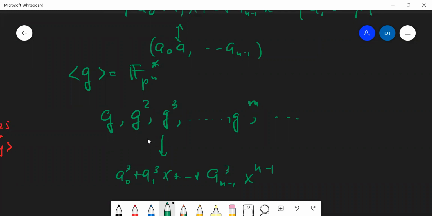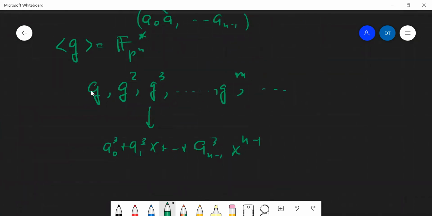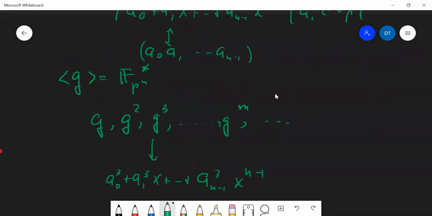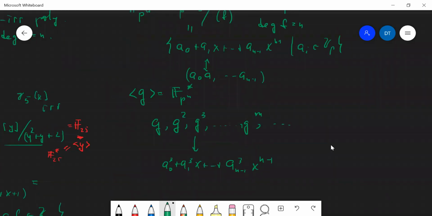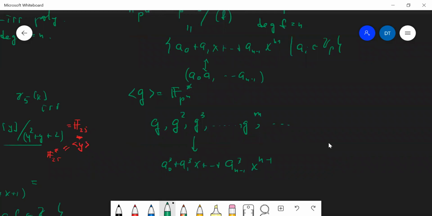So here it's just an upper index. You take g, it's also represented in such a form. You raise it to the power 3, then it corresponds to a polynomial of this form, and the sequence of coefficients gives you the required random sequence on step 3. This process gives you a sequence of sequences of length n. This is how it works. Is it clear now? Yep.